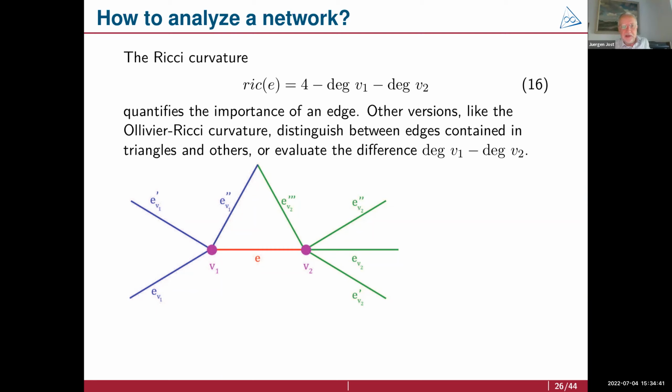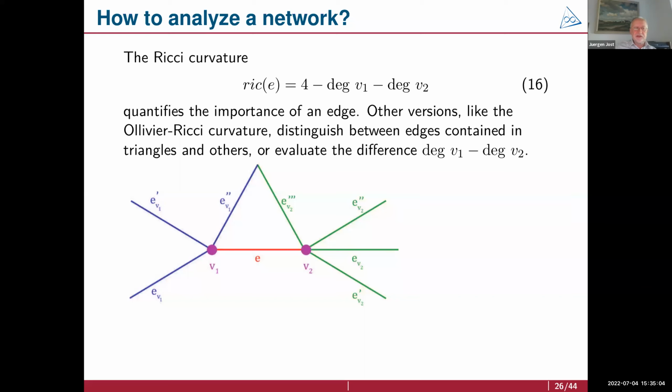We have also done that. That also yields useful measures, but I just want to indicate to you here that different measures are possible to quantify or gauge the importance of an edge, but it turns out that this basic Ricci curvature, this Forman-Ricci curvature, already is remarkably insightful.